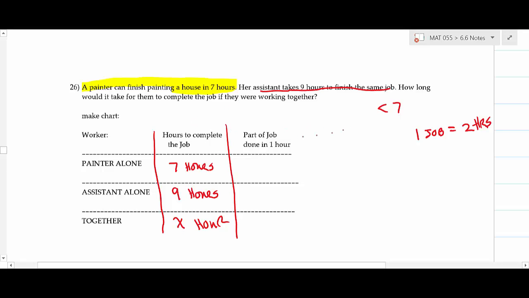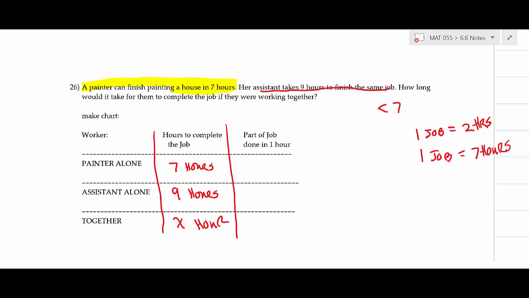Okay, well, let's look at this, okay? If you can do one job in 7 hours, can you tell me what fractional part of the job is done in 1 hour? Okay, how about 1/7? 2/7, 3/7.